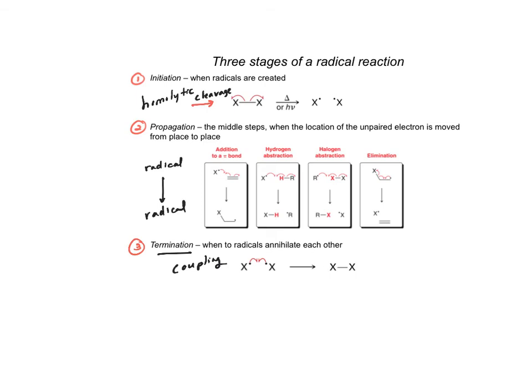So any of those steps that had a radical come in and had a radical leave can fulfill this propagation step depending on the overall mechanism that we actually see. Okay, so which we actually use between addition to a pi bond, hydrogen or halogen abstraction, or elimination depends on the reaction. But initiation will always be homolytic cleavage, termination will always be coupling, and the propagation steps are going to depend on what reaction we're actually looking at.